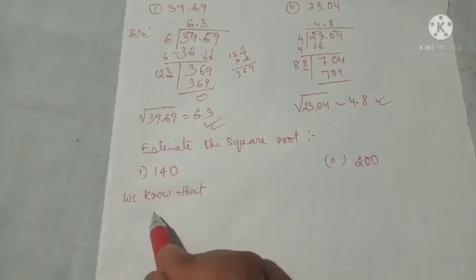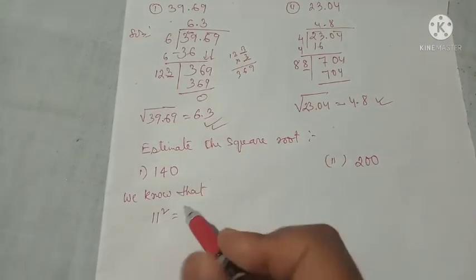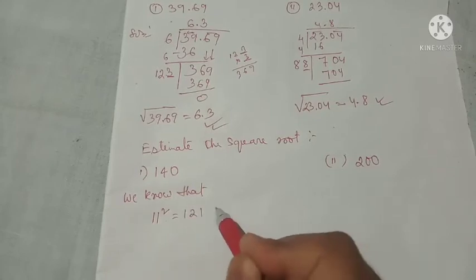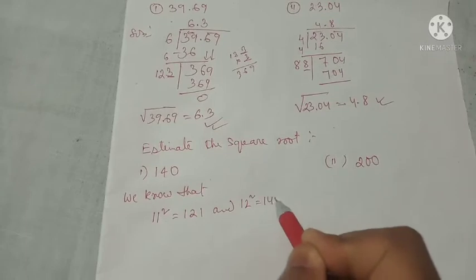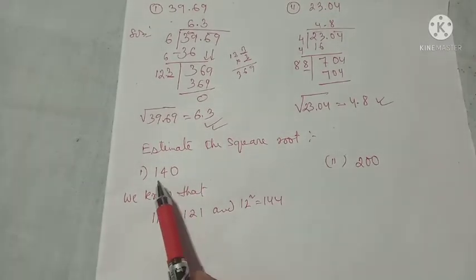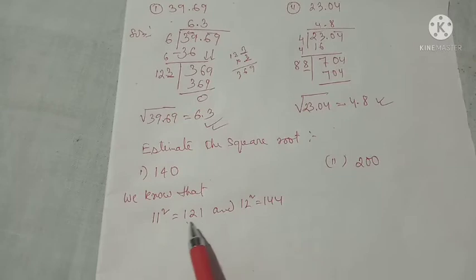We know that 140 lies between 11 square, that is 121, and 12 square, that is 144. That means 140 lies between these two numbers, 121 and 144.